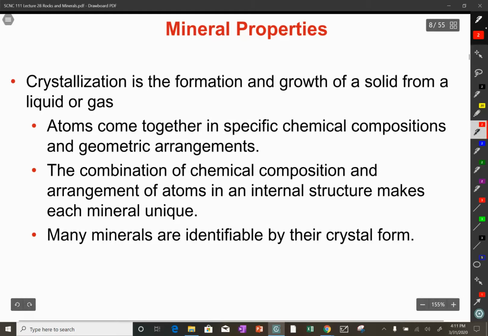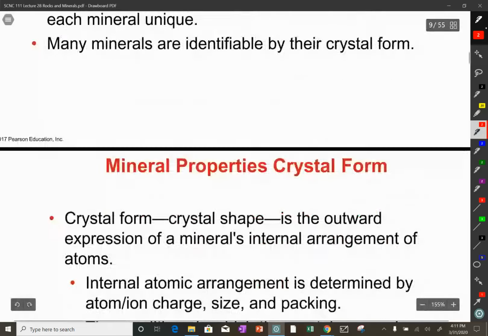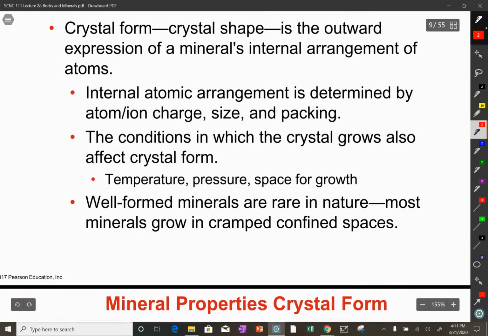The atoms form very specific chemical compositions and geometric arrangements. And so many minerals are identified by their crystal form, by the shape they take. The internal arrangement of atoms is what determines the shape. And you can actually, with the same chemical composition, get a different crystalline form depending on the temperature, pressure, and how much room you have where it's made.